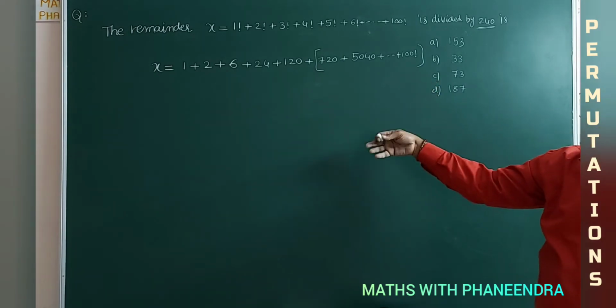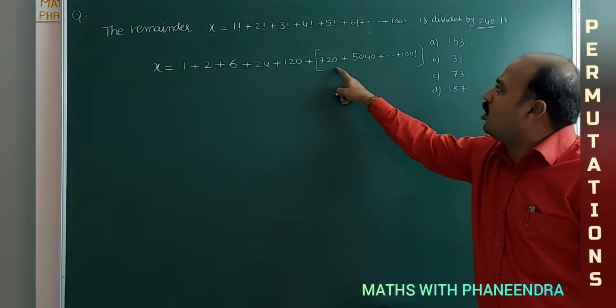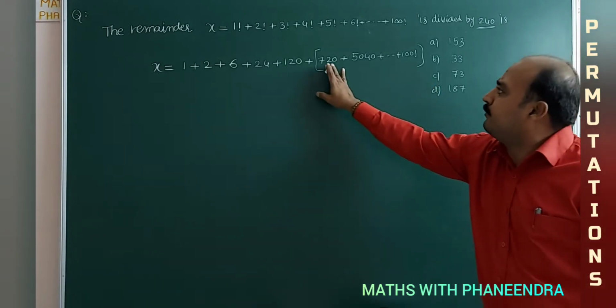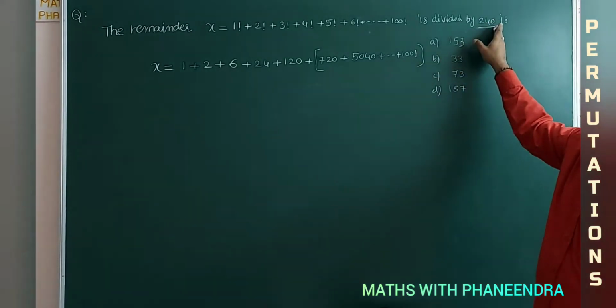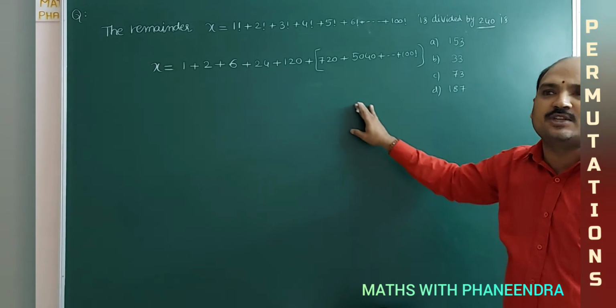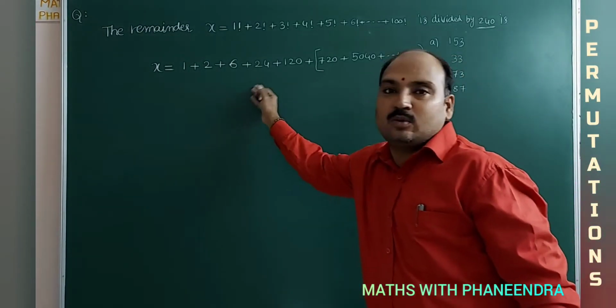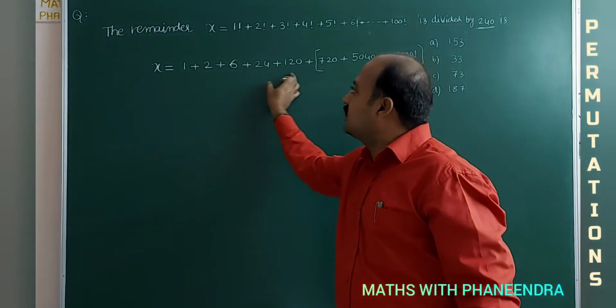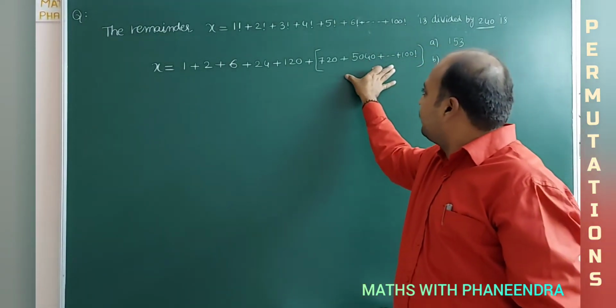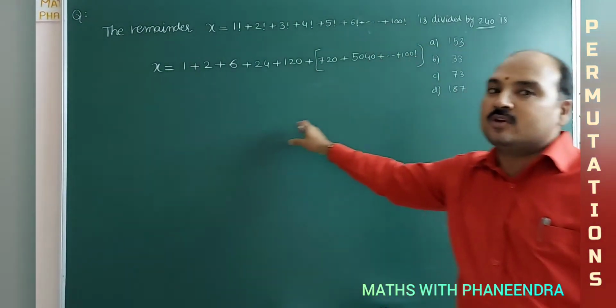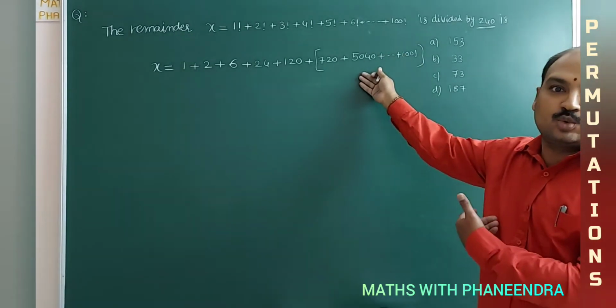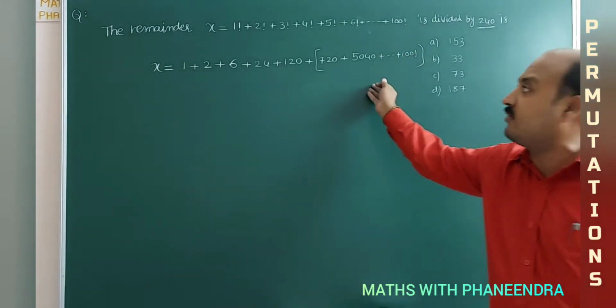In this session only we discussed. So this sum is divisible by 240, so the remainder is 0 here. But this will be additional, not only this term but also including the sum of these and this one. So it is divisible by 240, it will be 0 remainder. But what about this one?